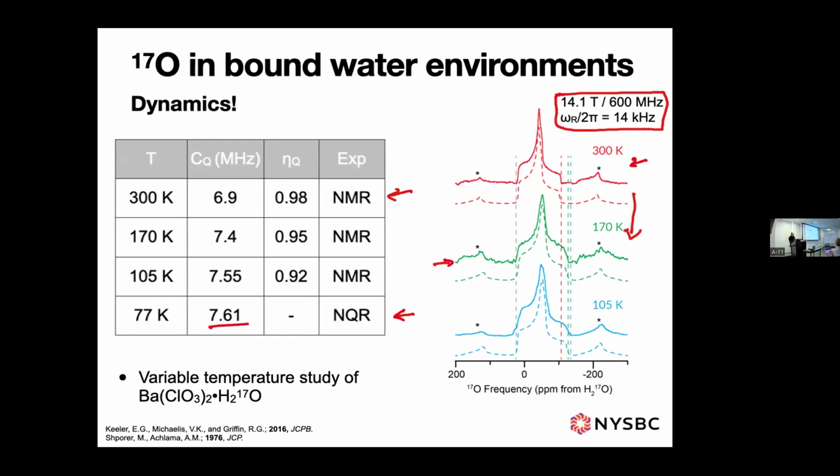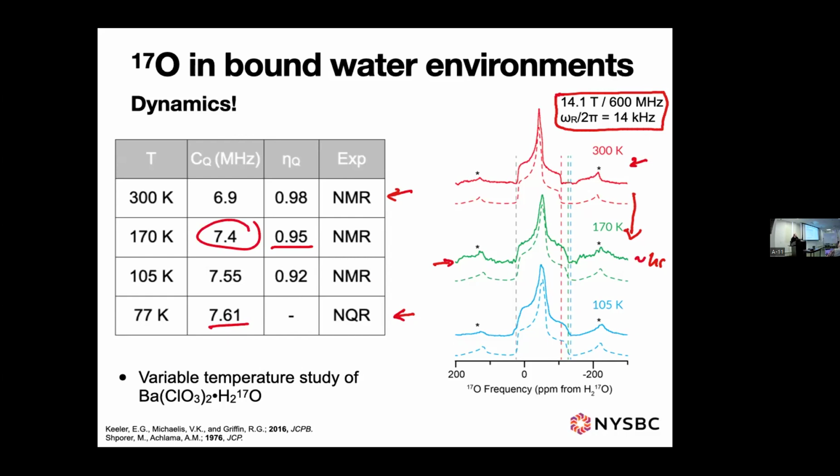This experiment was taken for on the order of an hour or so, and the other ones were taken a little longer to have better signal to noise. That's why it's a little less signal to noise. And lo and behold, the CQ is larger, the quadrupole coupling is larger, and the asymmetry has gone down. So it's not almost an eta equals 1 tensor. It has changed a little bit in shape.